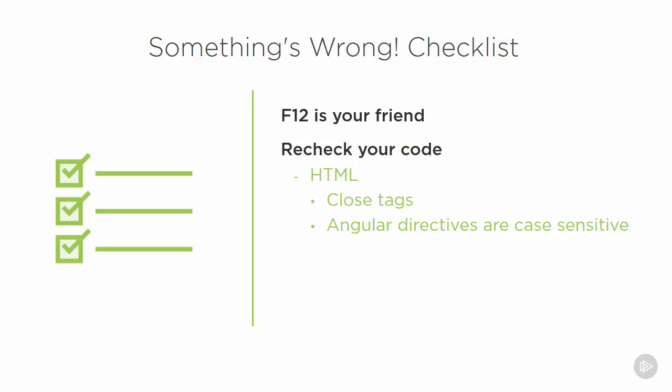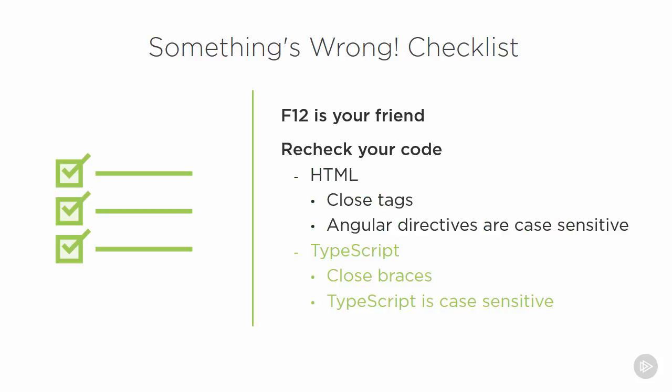For any HTML, be sure the tags are all correctly closed, and that all of the Angular directives are correctly spelled and cased. Angular directives are case-sensitive. For the TypeScript code, be sure the braces are all properly closed. And just like JavaScript, TypeScript is case-sensitive, so ensure everything has the appropriate case.